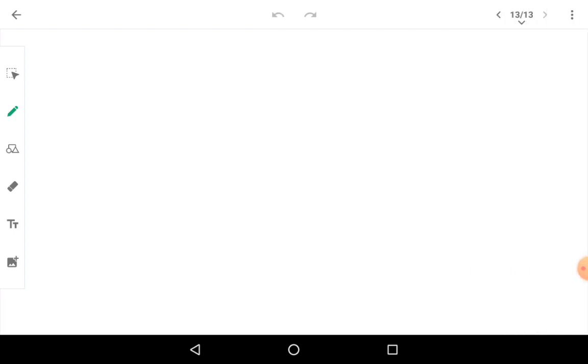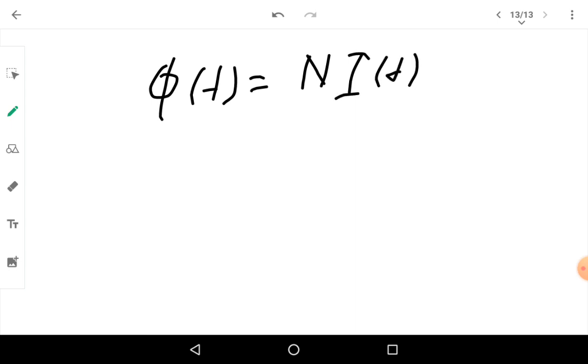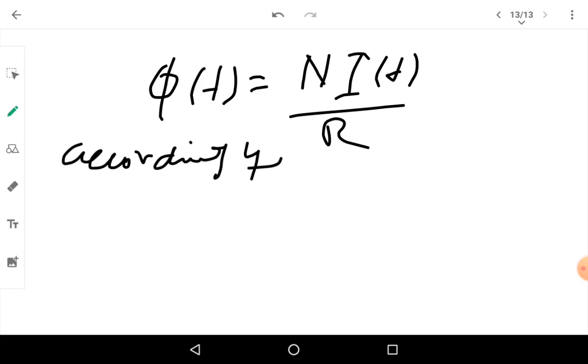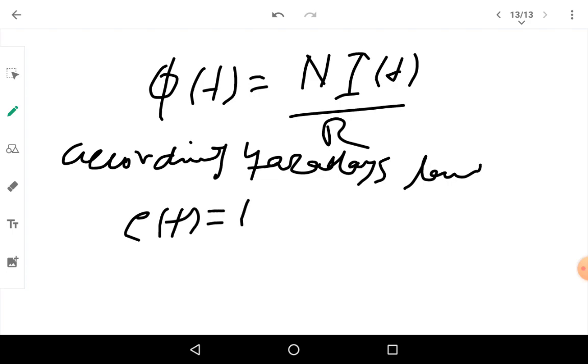And we know that if my current is alternating, then my flux is also alternating. So phi(t) equals N i(t) upon R. And according to Faraday's law, we know that e(t) equals N d phi upon dt.